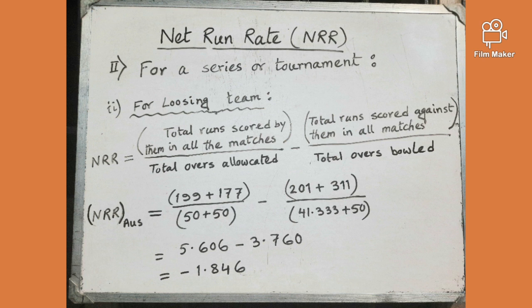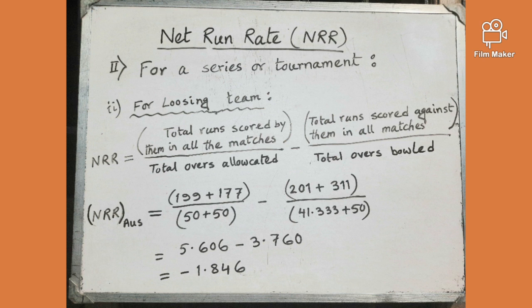Here we put an example as Australia, 199 scored against India and 177 scored against South Africa, which are divided by the total quota of overs 50 plus 50, 100, minus the runs scored by India, 201, and 311 by South Africa, in 41.2 overs and 50 overs respectively.